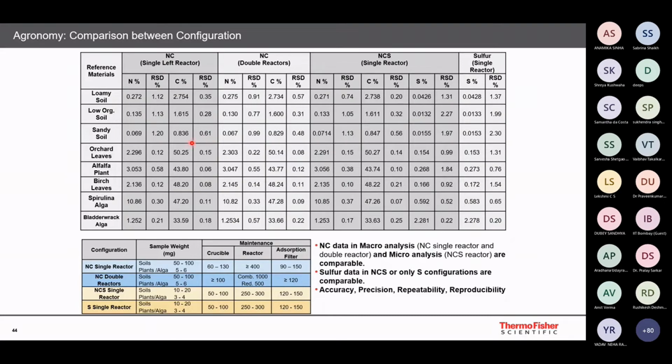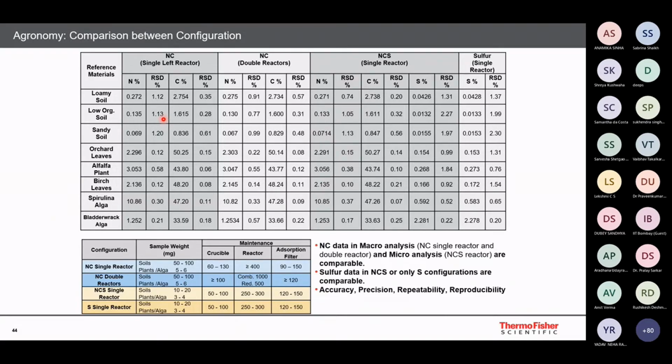So here is a comparison. If you see nitrogen and carbon with a single reactor and nitrogen and carbon with a double reactor. Thermo already provided the NC soil configuration with a double reactor, and they developed a method in the factory using the single reactor also.